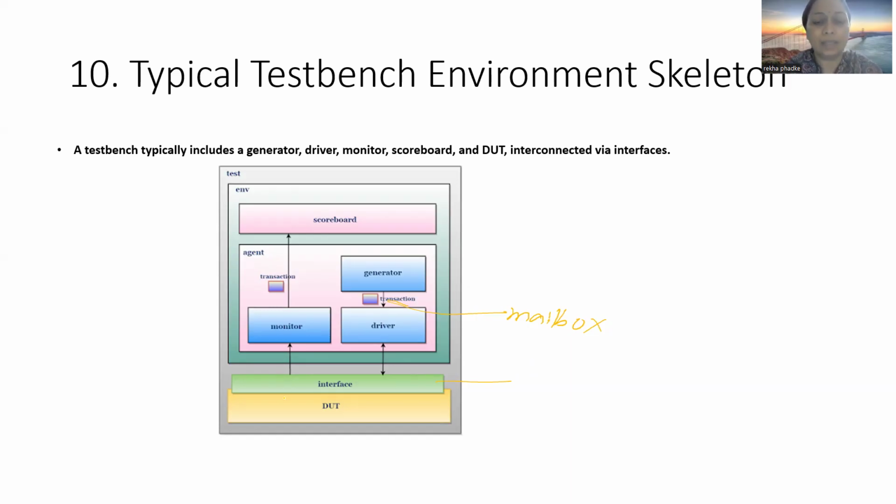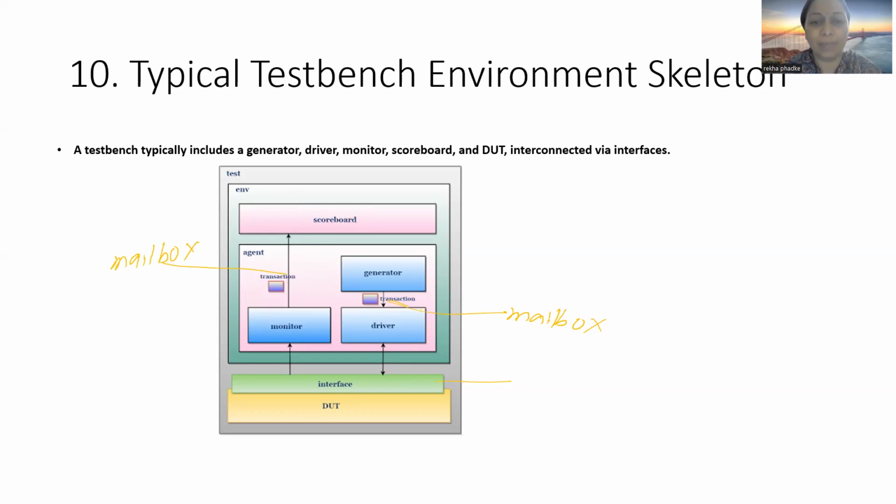And the DUT then outputs its result, which is again in binary, to the monitor via interface again. So that's in binary format. The monitor then converts this into transactions or packets again and gives it to the scoreboard. So we have a mailbox here again, wherein we put the packets, which is given by the DUT. And that is then sent to the scoreboard.